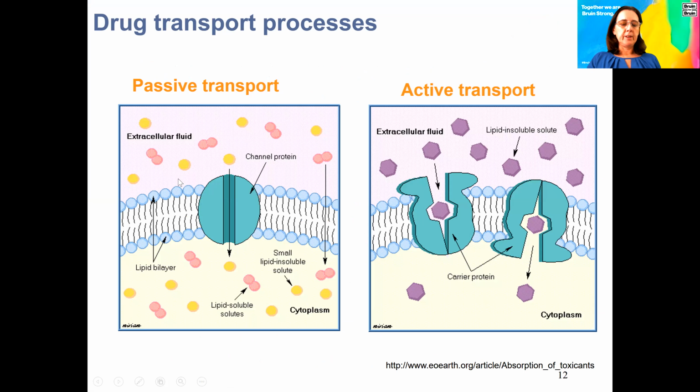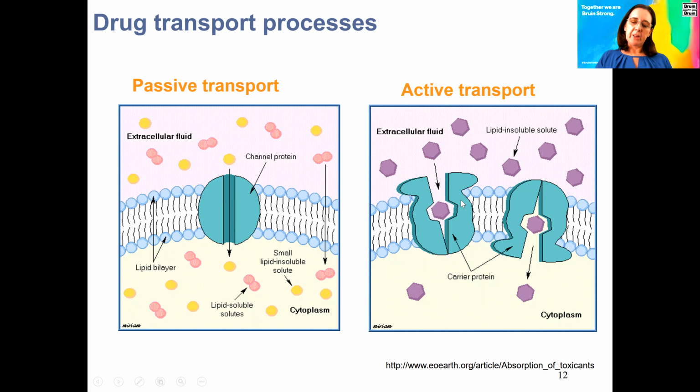So here you see the passive transport for the small ion. You have the channel protein for the sodium and potassium, that can cross directly through those small channel proteins. But most of the drugs, like those little double pink, are just going to diffuse through passive diffusion.